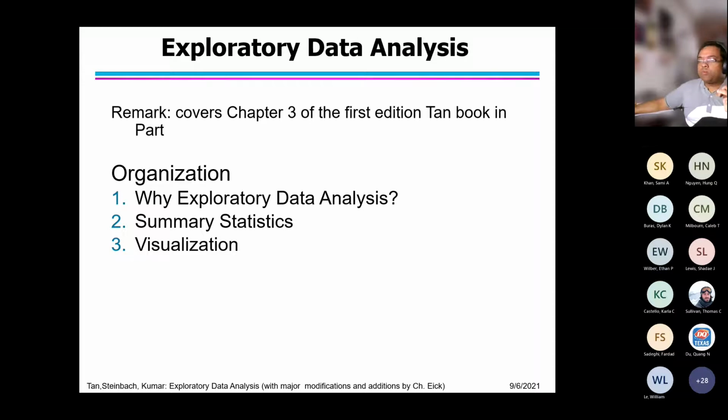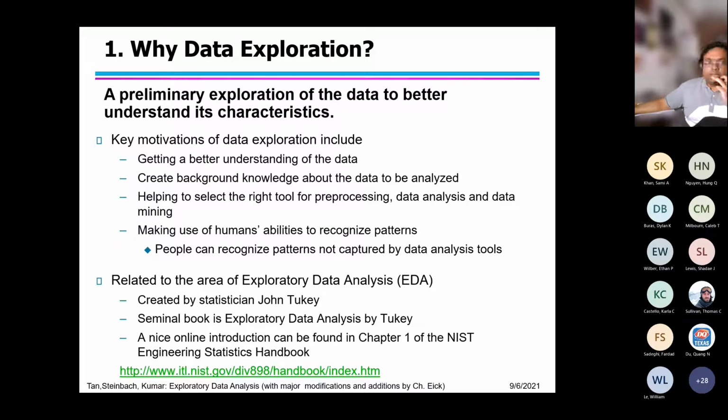Before you have a hypothesis, before you decide what exactly you're going to do with the data, before you know what the data is going to tell you, you need to explore the data to find out what kind of patterns are in the data, what kind of background information is in the data already, and things like that.